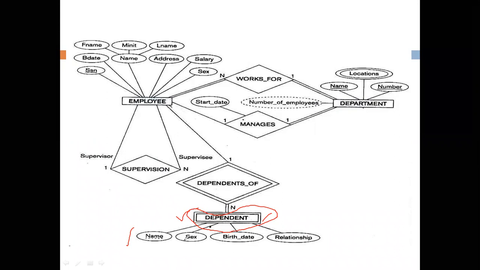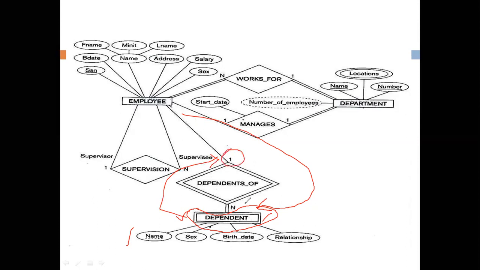So we will have a dependent row only and only if it belongs to an employee. So employee dependents, here it is present. One employee will have how many dependents? That is n. And one dependent belongs to how many employees? That we will write over here, that is 1.